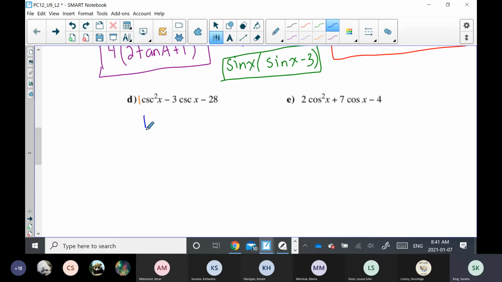So for this one, let cosecant equal A. I want you to right now take a minute and think: what would this expression become if I take out these cosecants and I put in an A? So hopefully you get A squared minus 3A minus 28.